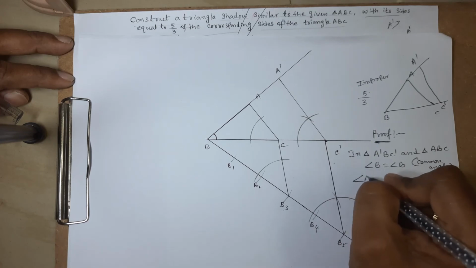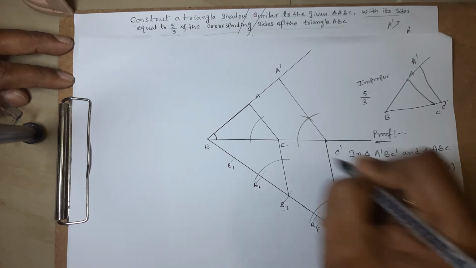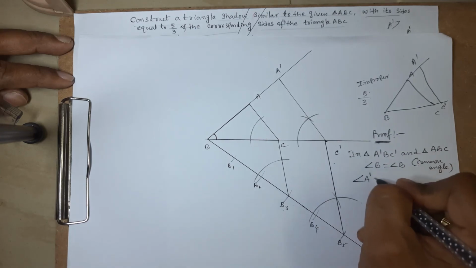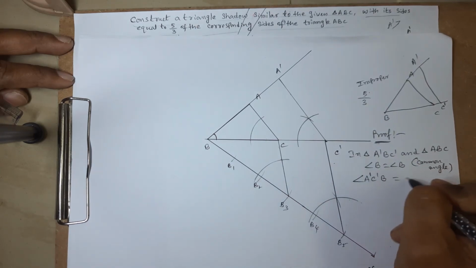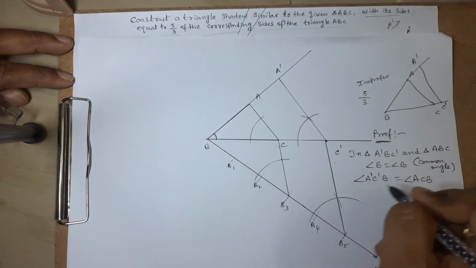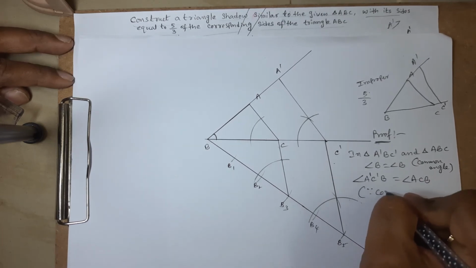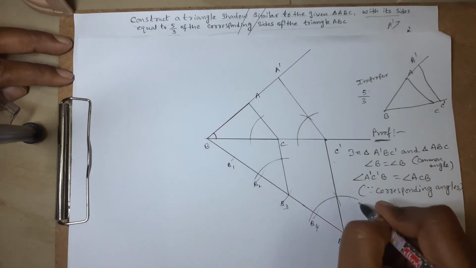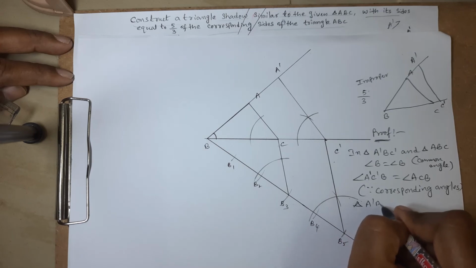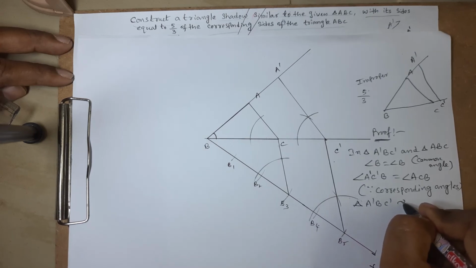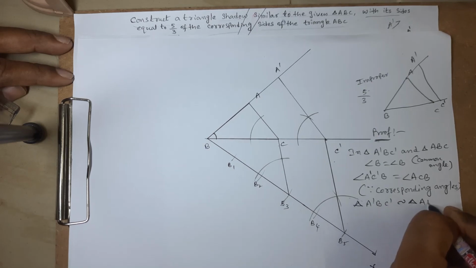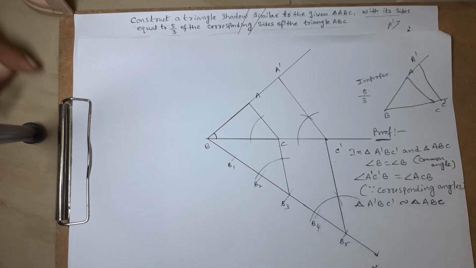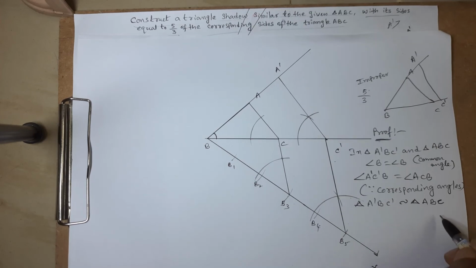Angle A'C'B is equal to angle ACB. These are corresponding angles, since corresponding angles are equal. Already told, right? Now triangle A'BC' is similar to triangle ABC. The two triangles are similar according to the AA similarity theorem.